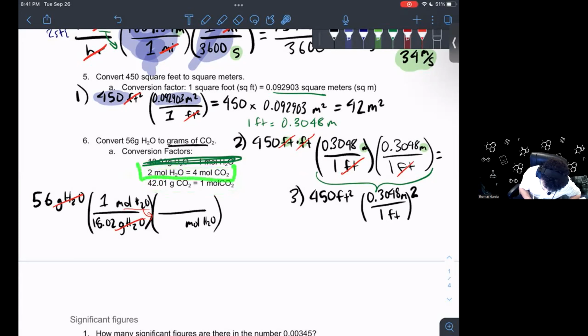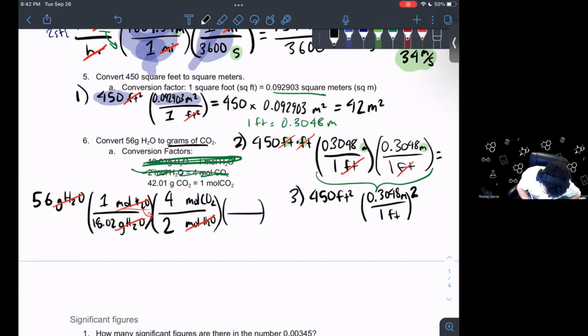And within this one, if mole of H2O is on the bottom, mole of CO2 is on top. Mole CO2. And I see that it is 2 with that and 4 with that. And I'm going to go to my last parentheses. Running out of room here, but that's all right. Mole of H2O cancels. I will get rid of this conversion factor I just used.